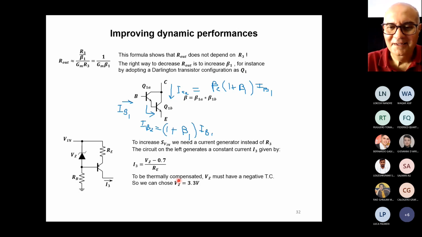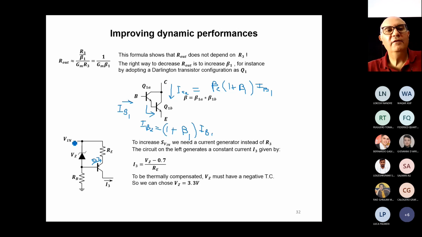Okay, so let me use the pen. If I consider the VB voltage, please allow me to write it like this. We have 0.7 volts with the positive on the emitter this time, just because we are considering a PNP transistor.